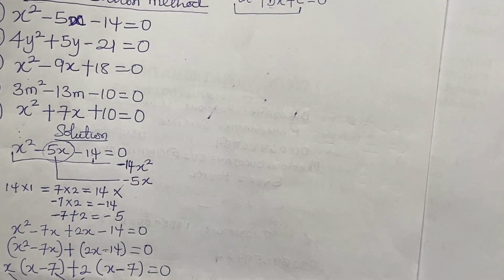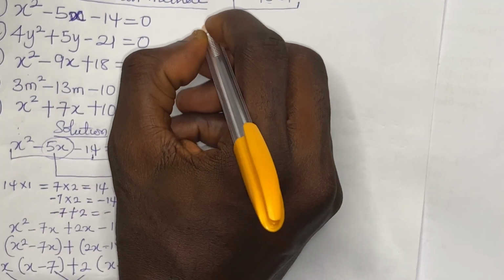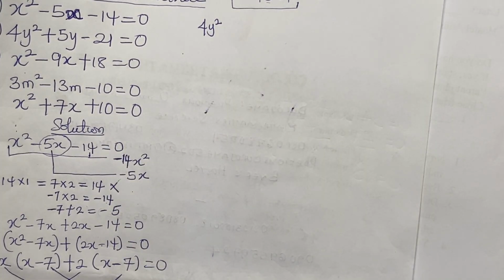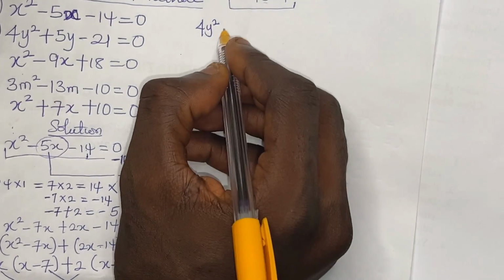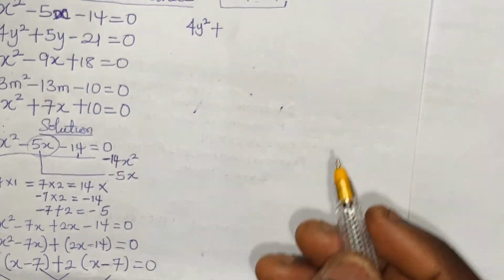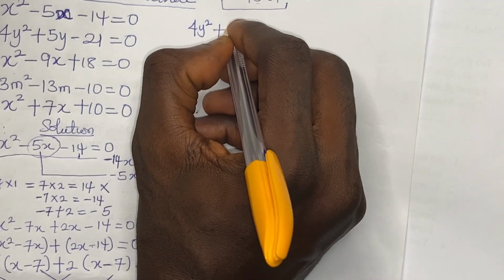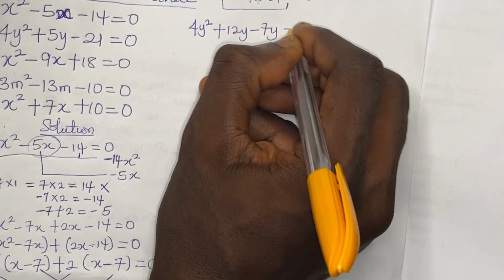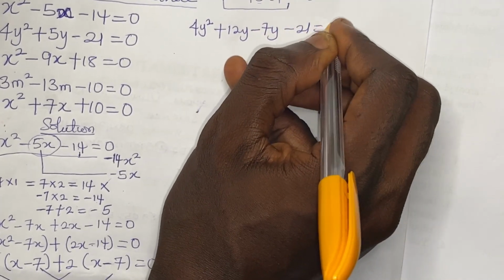It will become 4y squared. Instead of plus 5y, it has now become plus 12y minus 7y minus 21 equals 0.